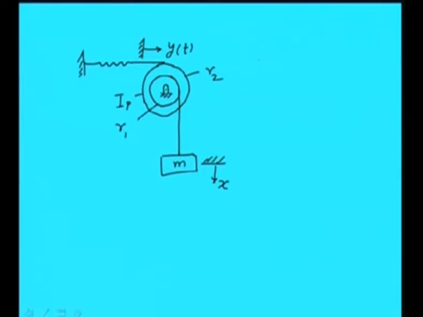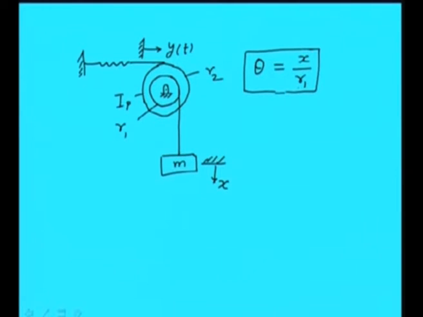As we know, if the flywheel is rotated by angle theta, and this is the x displacement, then theta is equal to x by the radius of that particular circle. So you can see that theta and x now have a relationship; they are not independent variables. The x and the rotation of the disc are related through this expression with the radius.